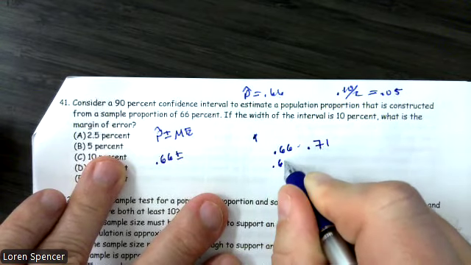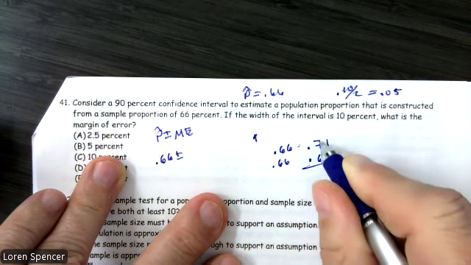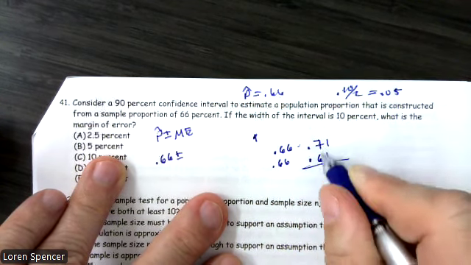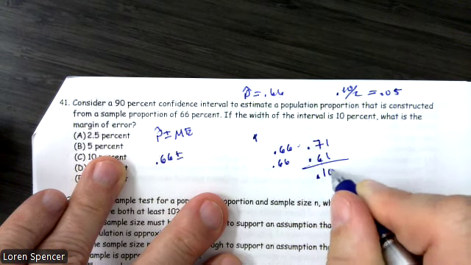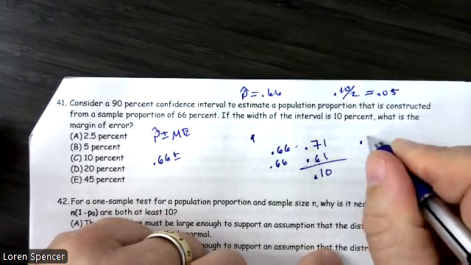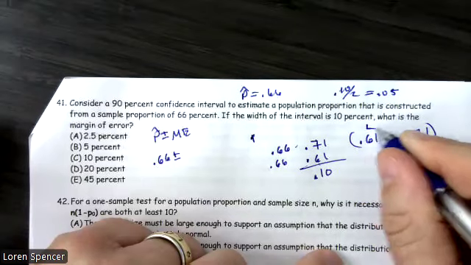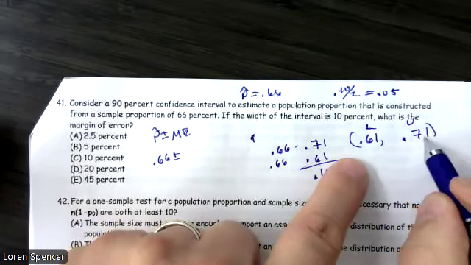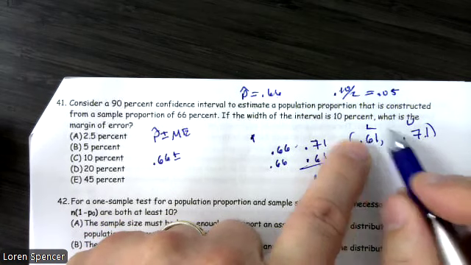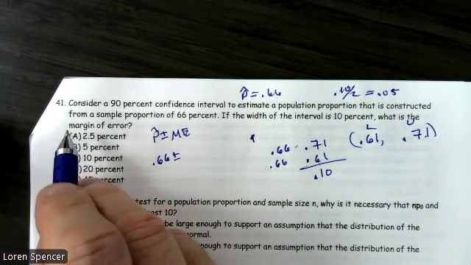And if I take 0.66 and subtract 0.05, that takes me to 0.61. Then I subtract those two values, and that's where the 0.1 is, because my interval is a lower bound of 0.61 and an upper bound of 0.71. So this would be my lower, this would be my upper, and those two subtracted gives me 0.10, and that's the width. So in this case, our answer choice for 41 happens to be B.